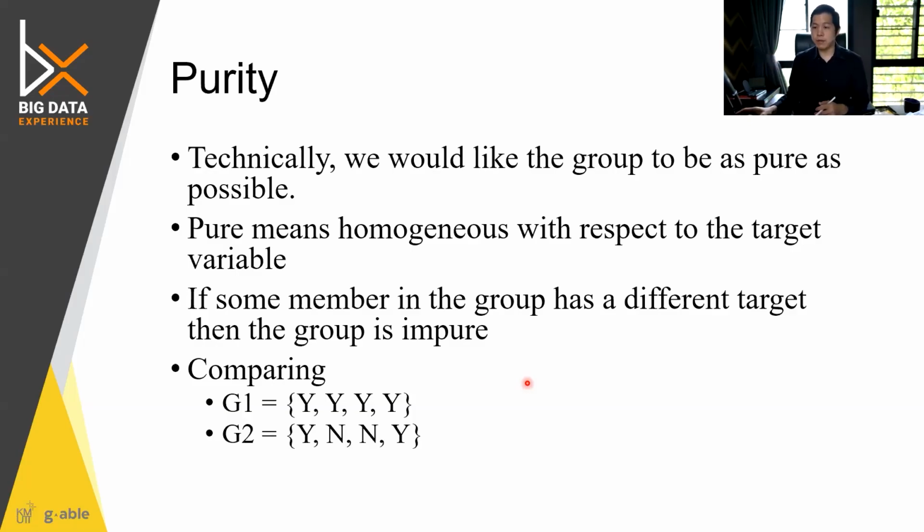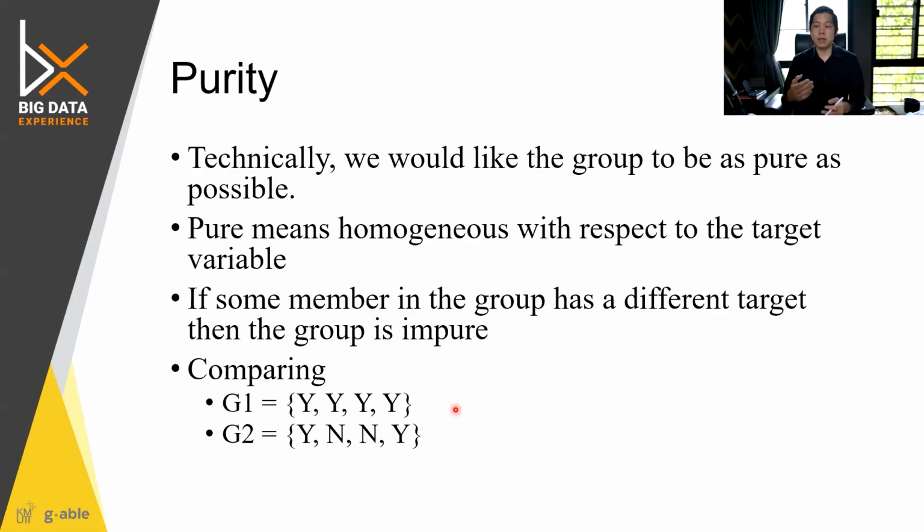For example, suppose that you perform segmentation and you finally got these subgroups G1 and G2. G1 contains 4 individuals. These 4 individuals all have class yes. G2 contains 4 individuals as well, and these individuals contain a mixture of class yes and class no. So if you want to conclude for G1, which class would you conclude that G1 belongs to, yes or no?